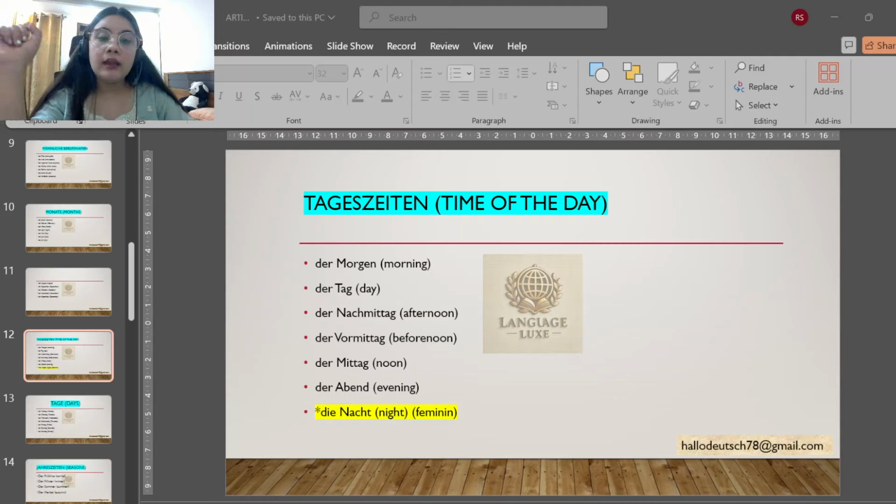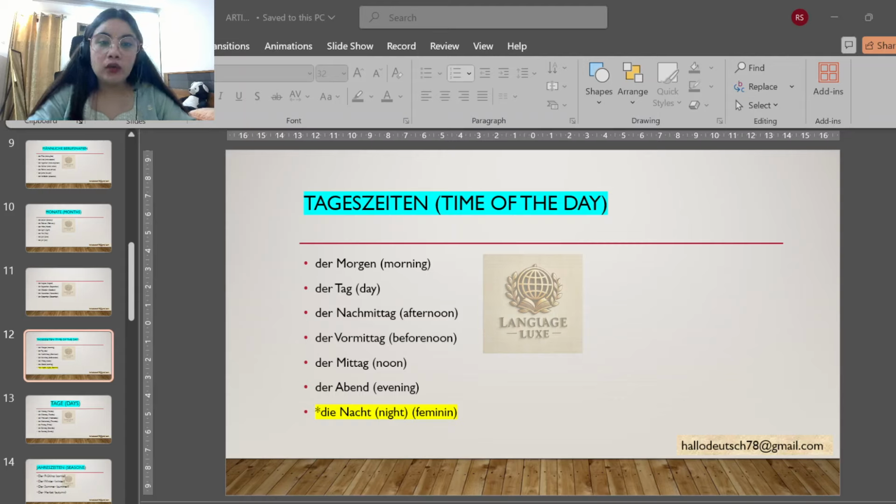For example, der Morgen, morning, der Tag. Tag is basically day. Der Nachmittag. Nachmittag means afternoon. Then comes der Vormittag. Vormittag is before noon. Der Mittag.